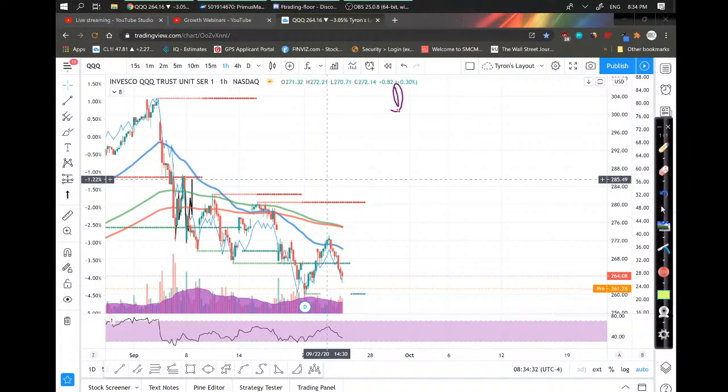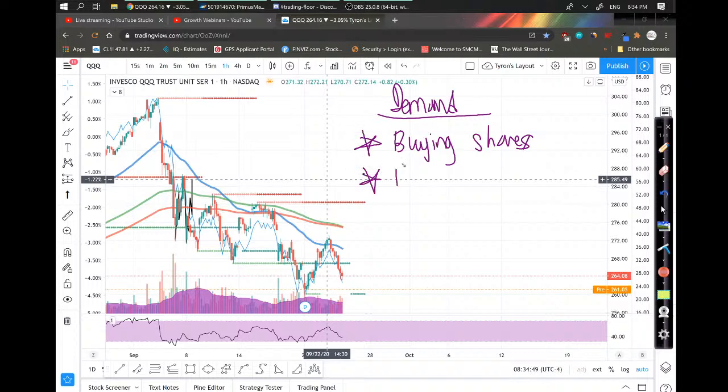Now, demand, on the other hand, is exactly what it sounds like. It's the idea that traders are buying shares, and this is a bullish slant. When you're buying shares, there's no borrowing. You're just buying from the open market.